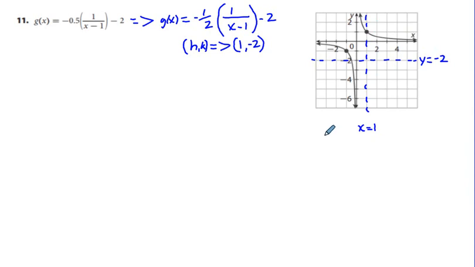So that's going to be our vertical asymptote, and our y equals negative 2 is going to be our horizontal asymptote. And what that is going to do is take our coordinate pairs, our reference points, and this negative 1 comma negative 1, we're going to move 1 to the right and down 2 like this. So this is going to be changed to be 0 comma negative 3.